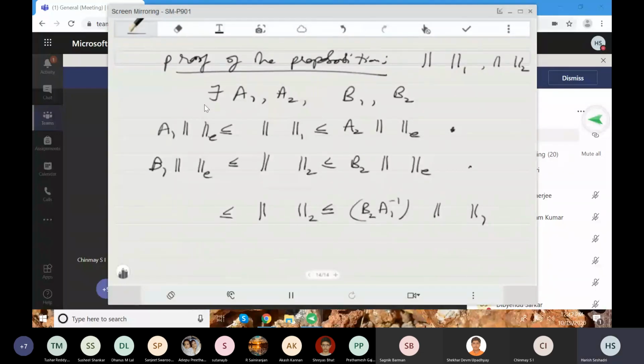Norm 2 is greater than or equal to B1 A2 inverse times norm 1. So you can call this C2 and this C1, and you're done. You just eliminate the Euclidean norm and write the inequality in terms of these.